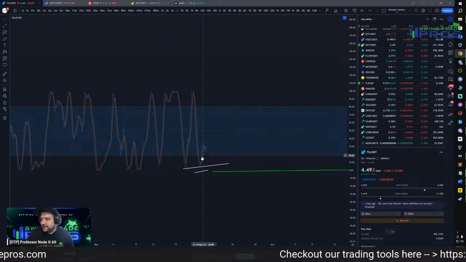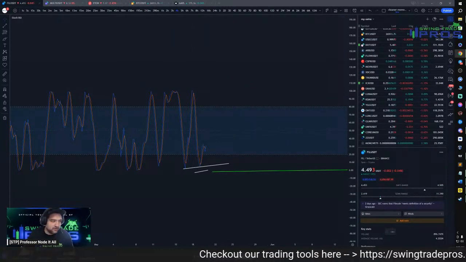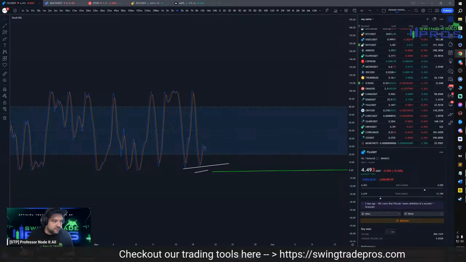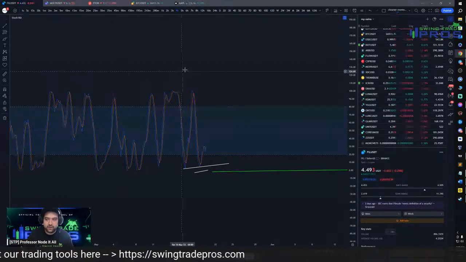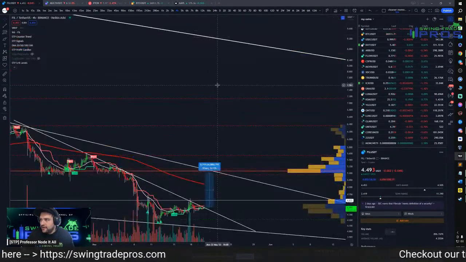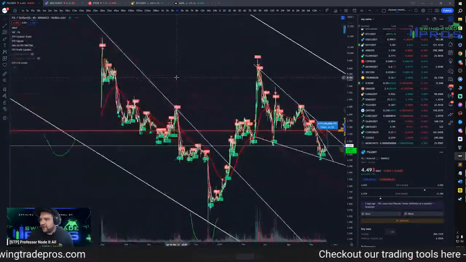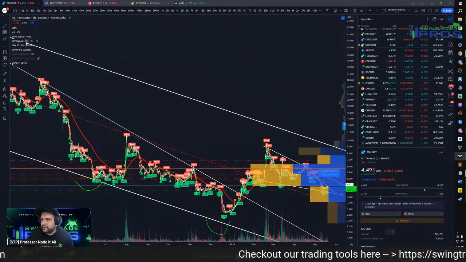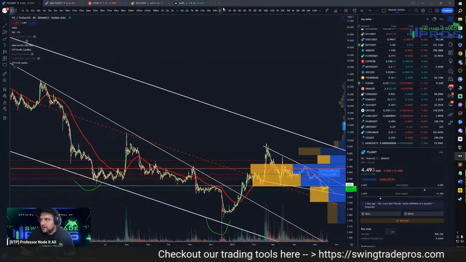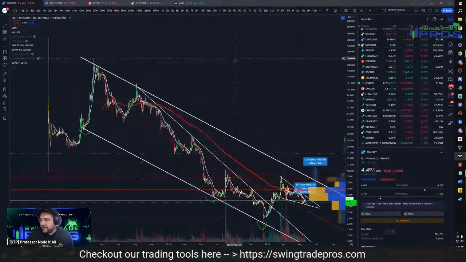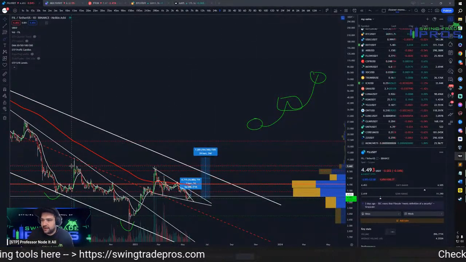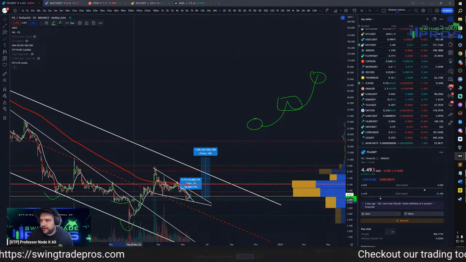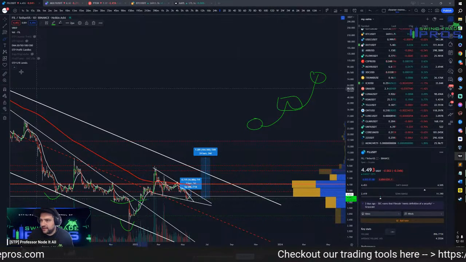So last night in our alert service, we took a trade based off the momentum, and obviously we're at a pretty big area on this Filecoin chart, okay? If we zoom out, you always want to zoom out on the charts, guys. If you look left, you can see this was a big area of support, okay?